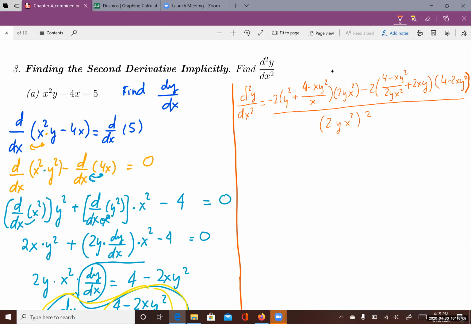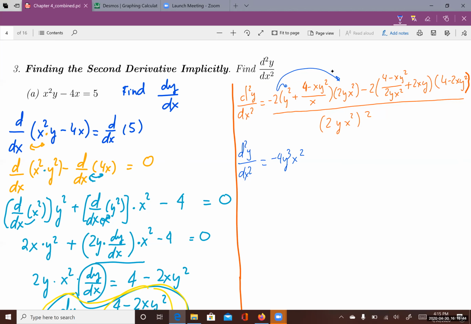Let's see if we can simplify any terms. So we can try to distribute all of this in to see what happens. Okay, I want to look at the difference. So it's still d squared y over dx squared equals, I multiply this here, right? And then negative 2y squared times here, you get negative 4y cubed x squared.